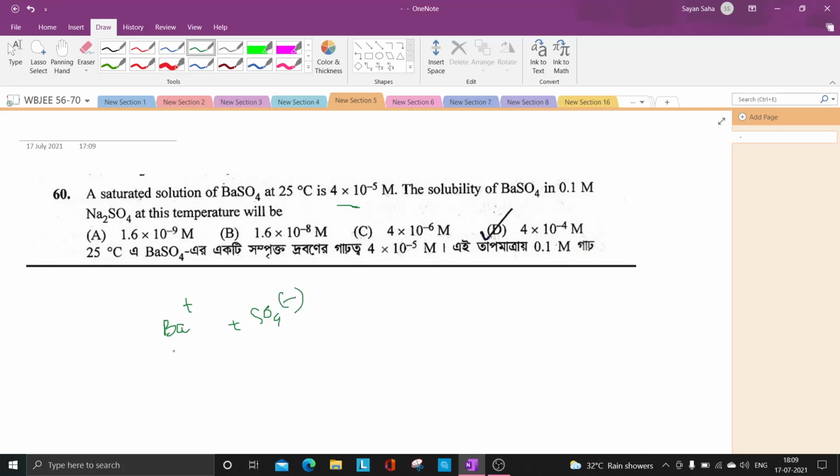So if I take the solubility as S for each, it will be S plus to the power 1 and S minus to the power 1. This is the concentration of Ba plus and this is the concentration of SO4 minus. So this will give you the ionic product of this salt.